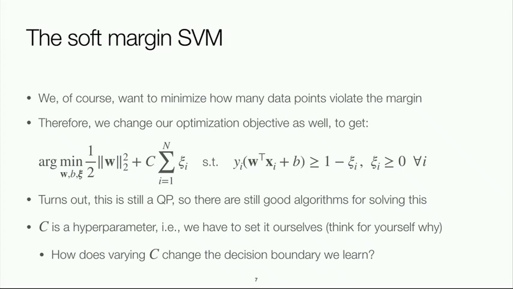Then you can measure the objective and see whether that's good. Then you can tweak: maybe if I tweak my decision boundary in this way, I can reduce the amount of slack, the amount of Xi that I need in total, and then maybe that makes the objective value better, depending on whatever C is. So it's a fairly complicated optimization procedure, but the high-level idea is that the Xis are being jointly optimized with the decision boundary that we're actually learning.